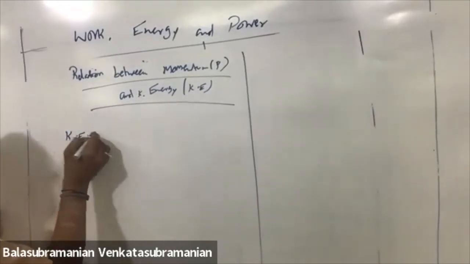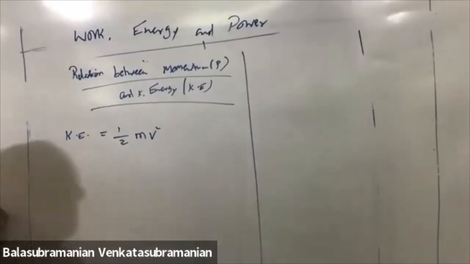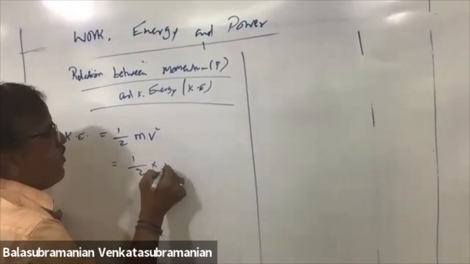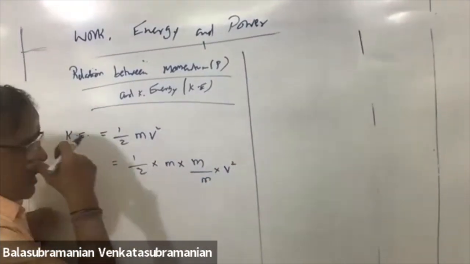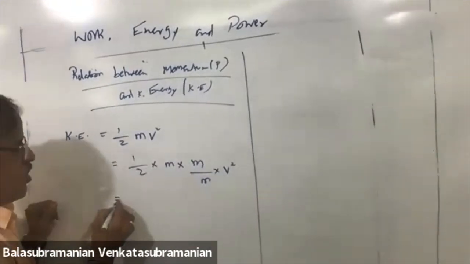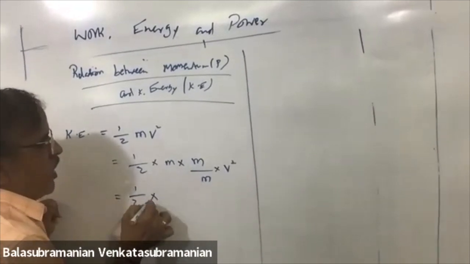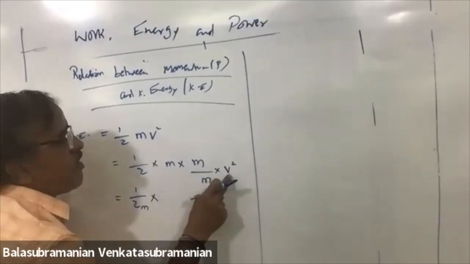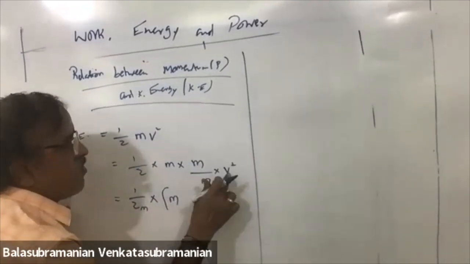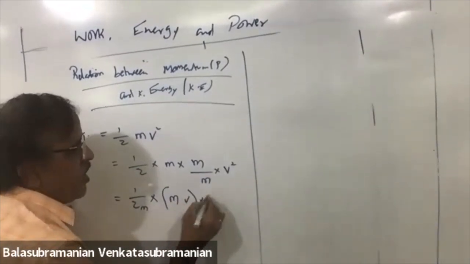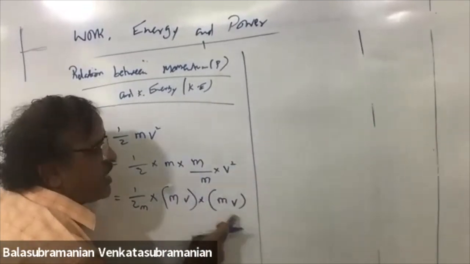Kinetic energy is half mv square. Multiply and divide by m, into v square. Take this m here, 1 by 2m. I am having m square v square. m square v square I am writing as mv into mv.